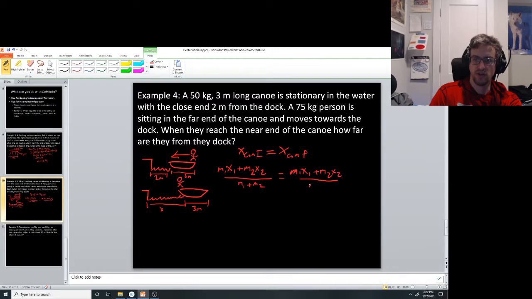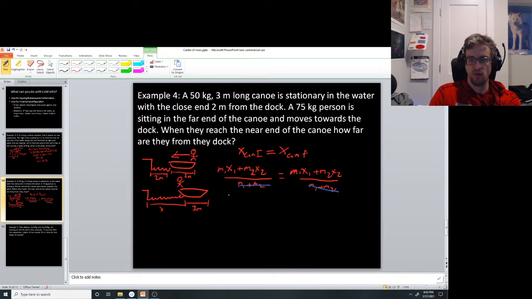These are all finals over M1 plus M2. This is all final. This is all initial. Now you'll notice right here that the denominator cancels right out. And that's going to happen every time you do one of these ones. This is like an internal reconfiguration. Denominator cancels out. That's convenient.